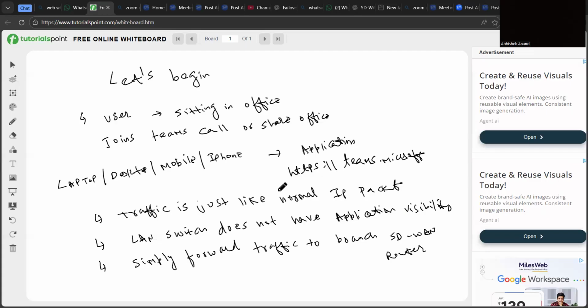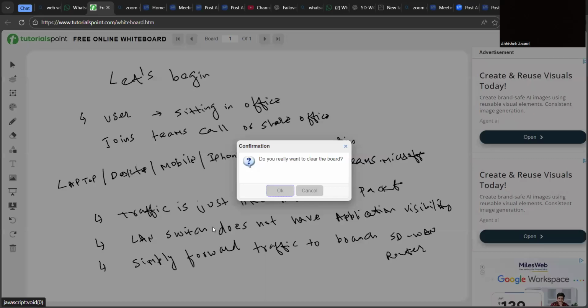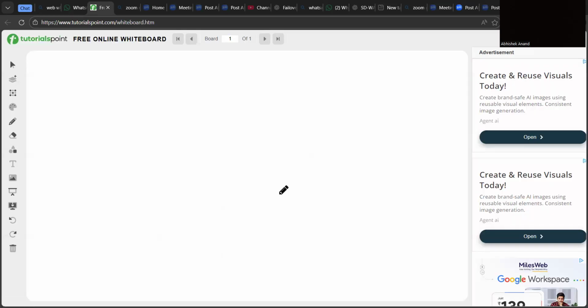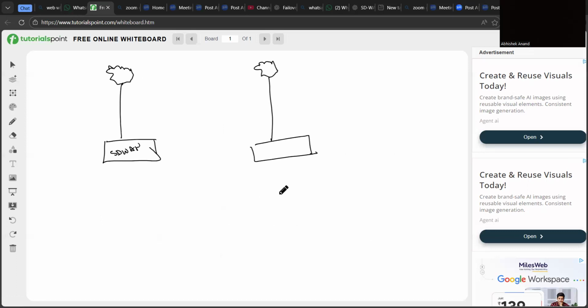Before moving ahead, let me draw one diagram as well, and please keep this diagram in mind always, because I have to clean up this diagram to explain in detail. So this is your SD-WAN box. We have two SD-WAN boxes. We have two transports. It can be MPLS or it can be internet, right?